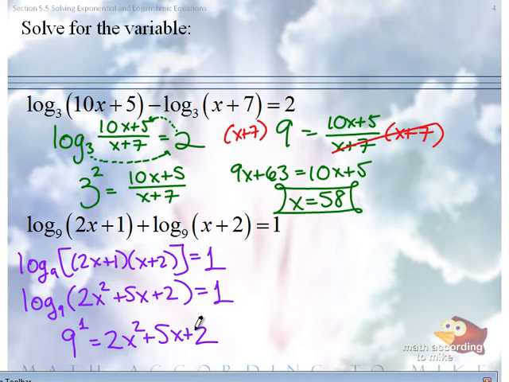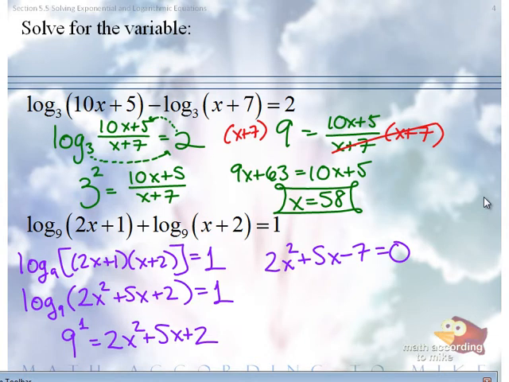Speaking of quadratics, this is a quadratic equation. It will factor. What is 9 to the first? So if I subtract 9 from both sides, I get 2x squared plus 5x minus 7 equals 0. Is that okay?